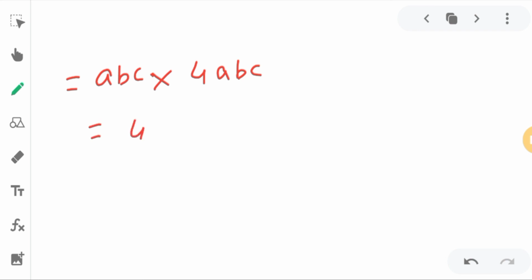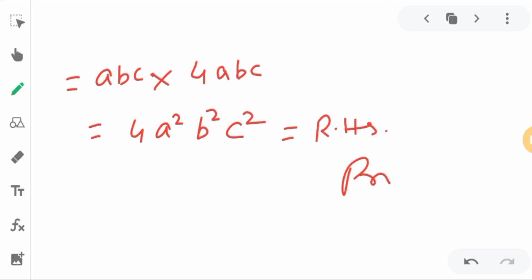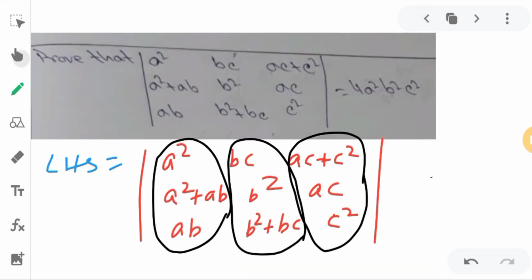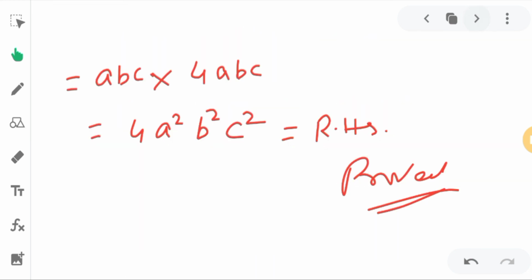If you calculate, it is 4 A square, B square and C square, and I think that is your RHS. Okay, hence proved. That is the RHS we had to prove, 4A square, B square, C square. So I started with the LHS and reached 4A square, B square, C square. So this is your RHS. I hope you understood.